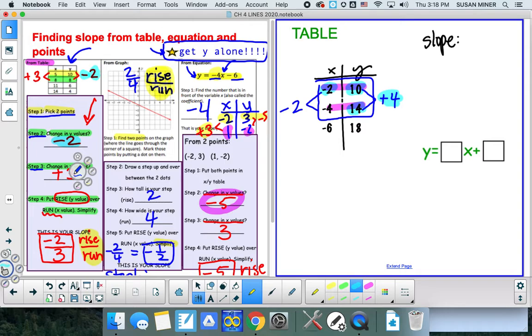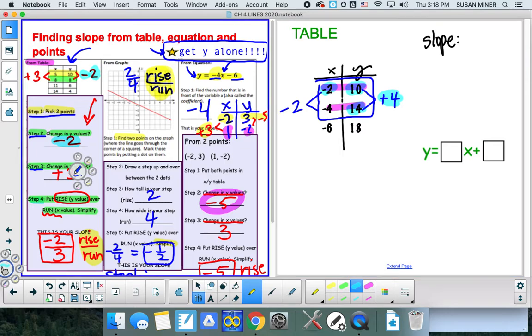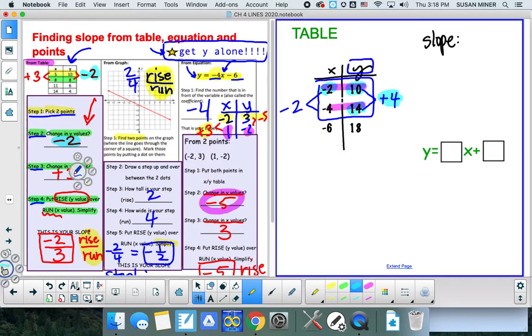Then in step 4 over here, it says put the rise over the run. The y value is my axis that represents the rise. And so the rise, or the amount that I went up, was 4. So the rise over the run, right?